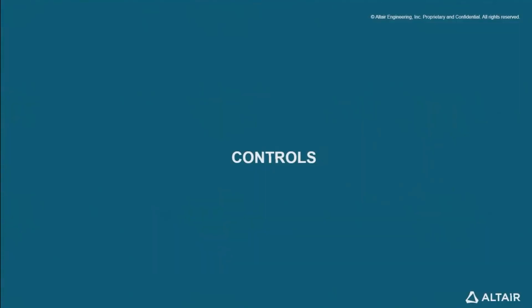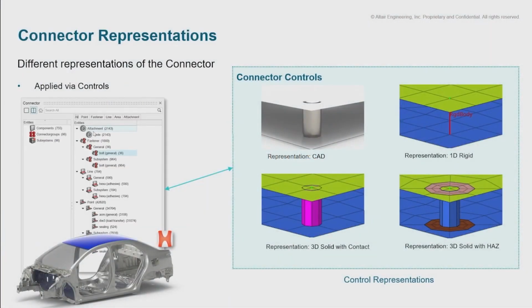The intention behind connector controls is to help you define up front how you would want to realize your connectors based on whatever situation they happen to be in. For various different solvers, you might have different situations from a realization point of view.